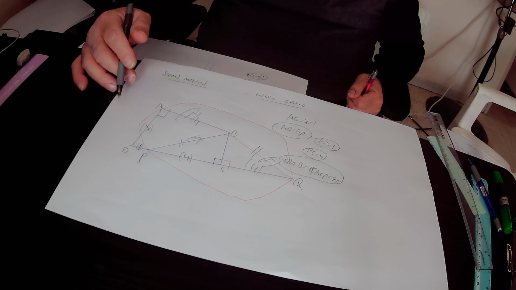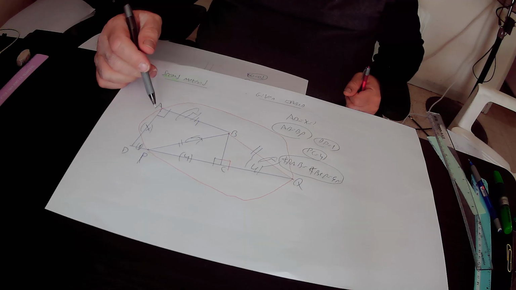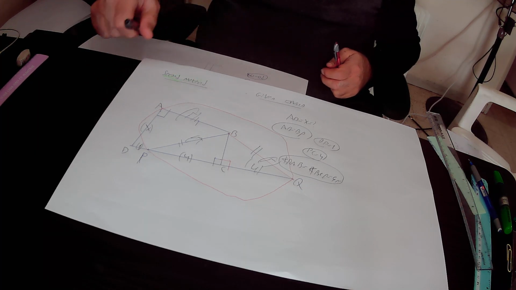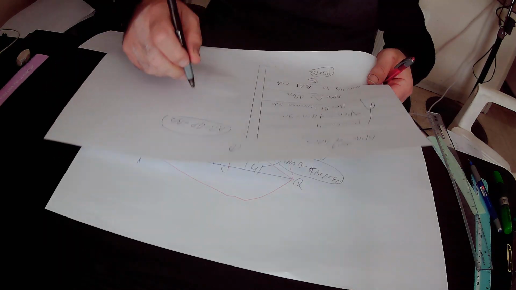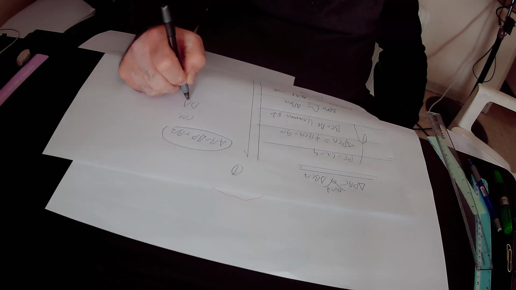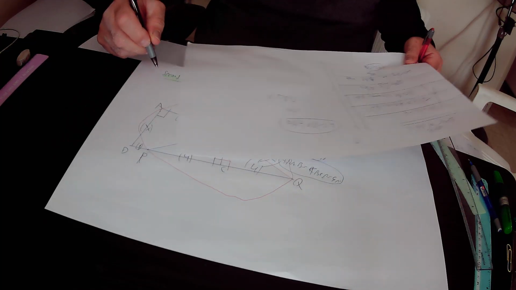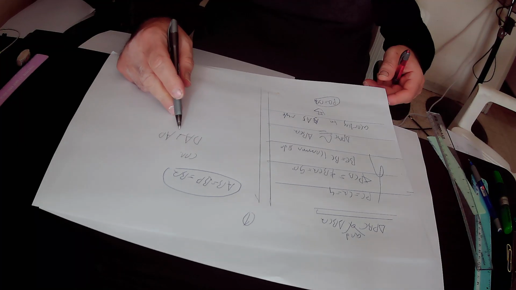It is given in the question that DA is perpendicular to AB. This is the sign of perpendicular.